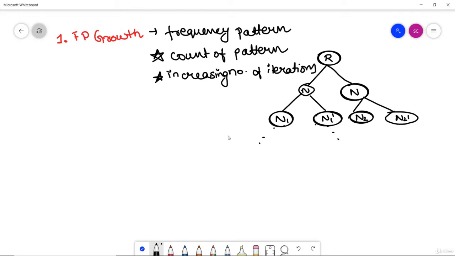Next we are going to study one more algorithm, that is Apriori. Now in this Apriori algorithm, what happens is that it is breadth first search based, which calculates the support between the items.